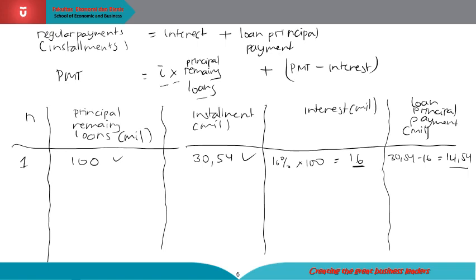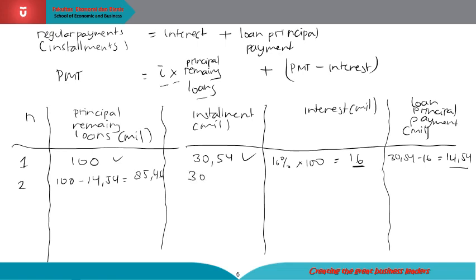Understood? Right. Now next, second year, the principal remaining loan of course comes from, we have paid only 14.54, not 30.54. So this will be 100 minus 14.54, which is equal to 85.46.